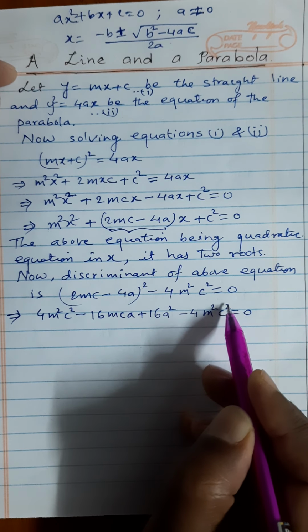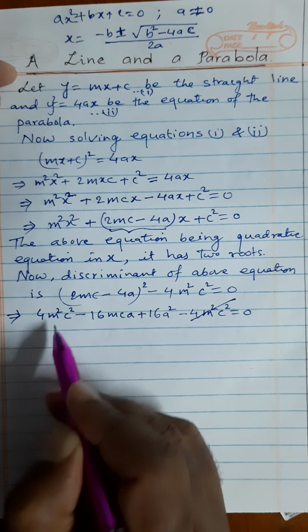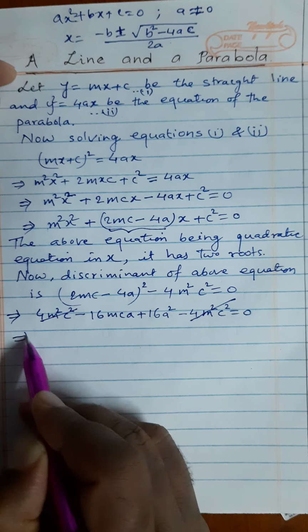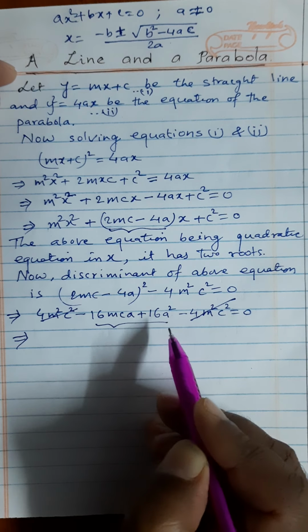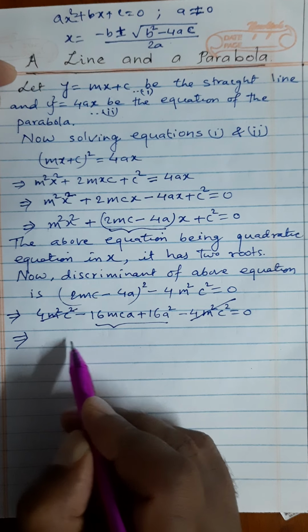Now minus 4m square c square and plus 4m square c square cancel, and from the remaining two terms we can take out 16a common.